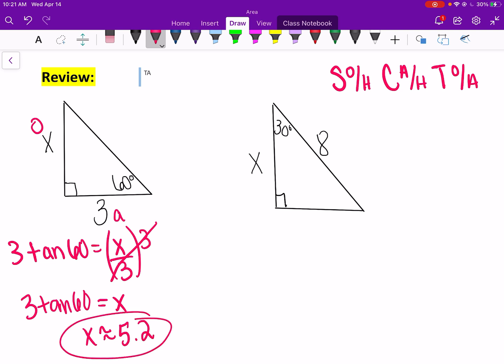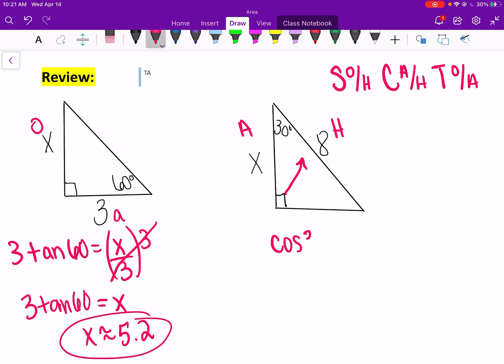This is just to refresh your guys' memory because we will be using some of this today. And I'll do one more as well. So on this example, the 8 is the hypotenuse, and I know that because it's across from the right angle, and x is adjacent to our angle of 30 degrees. Since we are dealing with the adjacent side and the hypotenuse, we would use cosine.